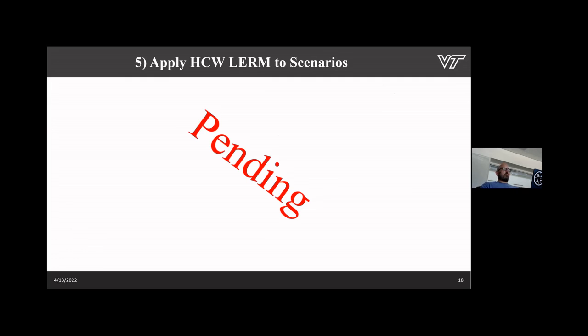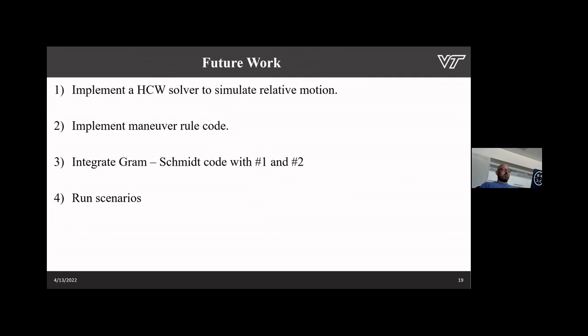As you can see here, it's still pending. I haven't gotten to that yet, but I have until August, so I've got some time. Future work, as I mentioned: I need to implement the HW solver, implement the maneuver rule, integrate the code, and run the scenarios.